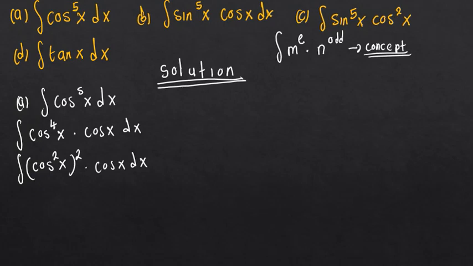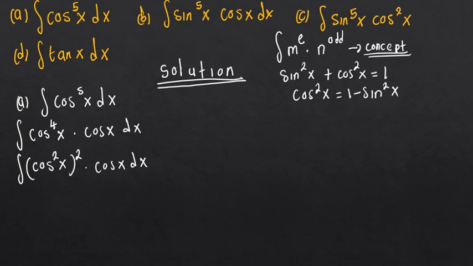Notice that sine power 2x plus cosine to the power 2x equals 1. Therefore, cosine to the power 2x is equal to 1 minus sine power 2x.